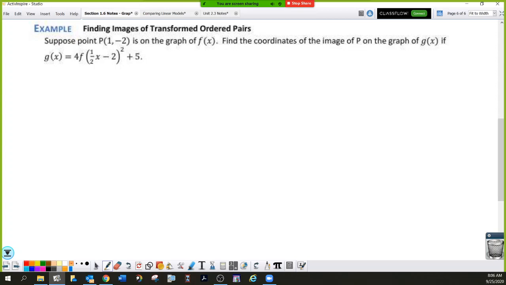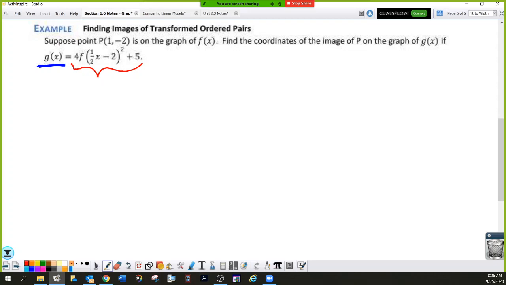I don't know what the equation is, and I don't know what that picture looks like. I'm just telling you (1, -2) is on it. I would like to know, what are the coordinates of its image? Meaning, after you had done all of this stuff, where would that point have landed?